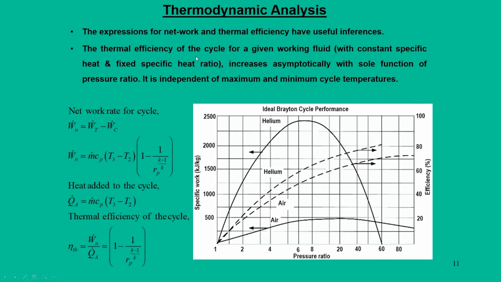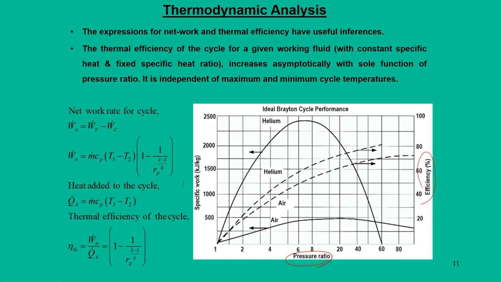First, the thermal efficiency of the cycle for a given working fluid, that is constant Cp and specific heat ratio, increases asymptotically. In this curve, with a common x axis, that is pressure ratio, efficiency is plotted. This is plotted for air as well as helium. The dotted line refers to the efficiency curve and the solid line refers to the specific work.